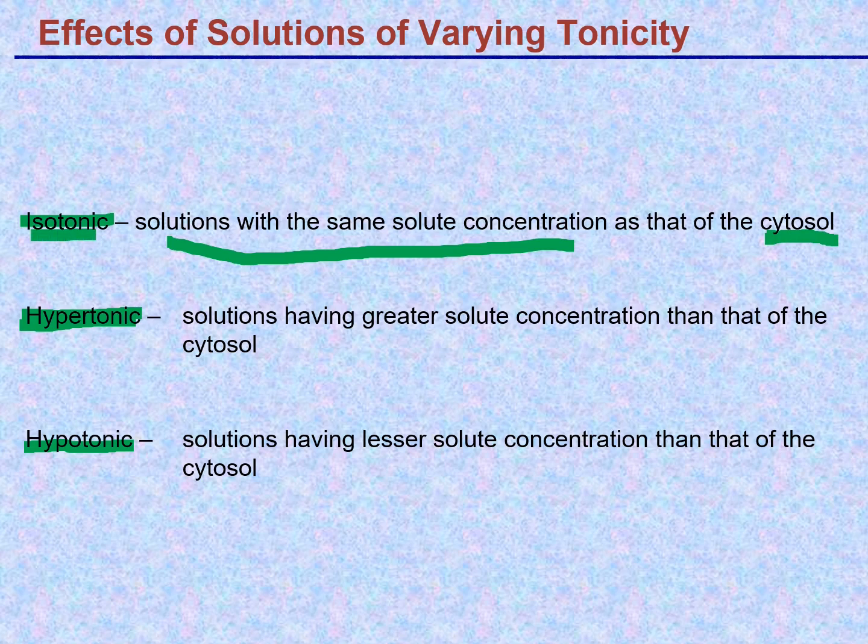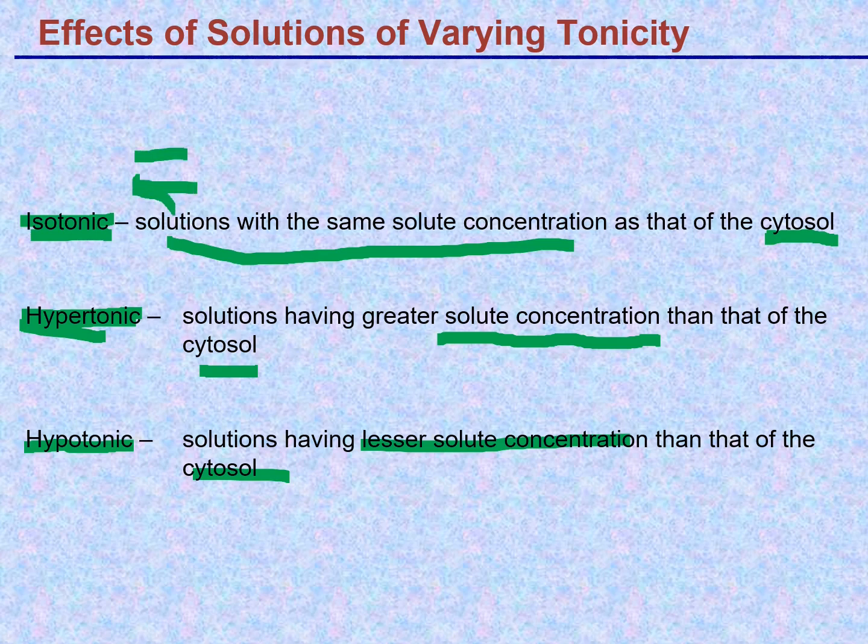A hypertonic solution outside of the cell has a greater solute concentration than that inside the cytosol. Hypotonic, the solution is less than that of the cytosol. In an isotonic case, there will be movement, but the osmosis will be equal in both directions.